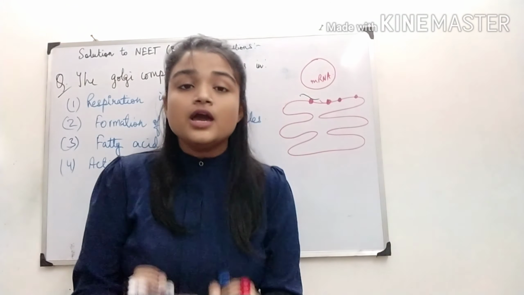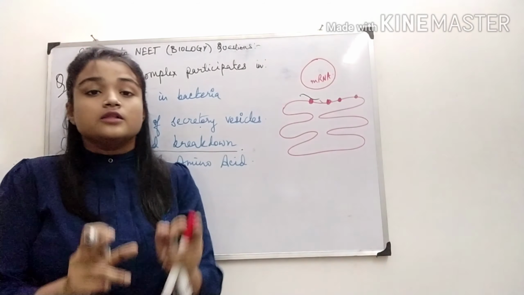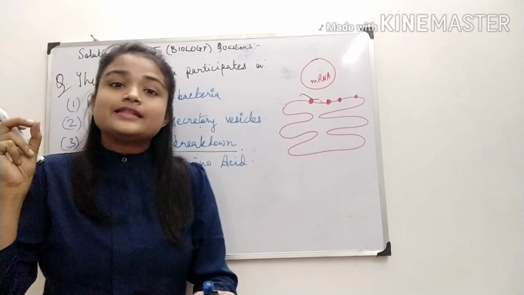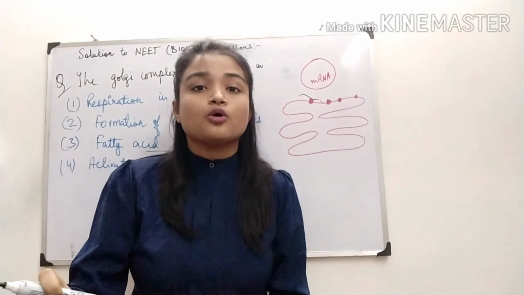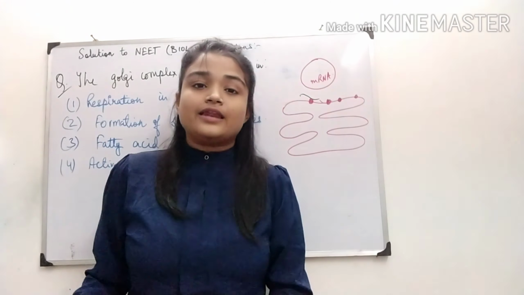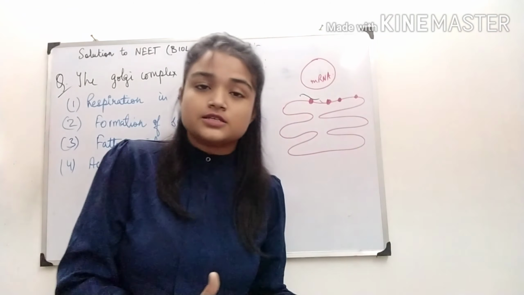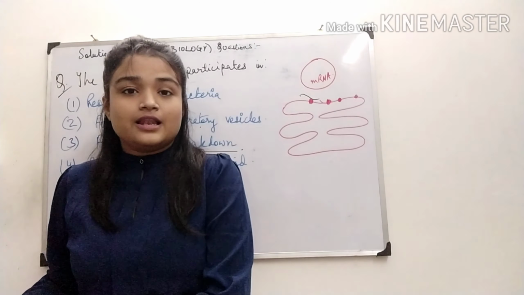That is done by the Golgi apparatus. So the function of Golgi is to sort the protein, to tag it with which organelle it will go to, whether the plasma membrane, ER, nucleus, or sometimes another cell.